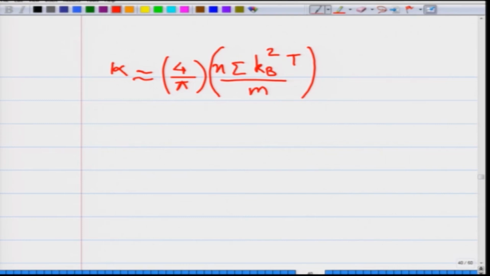So, with that we get our expression for the thermal conductivity of the material, and this thermal conductivity is basically related to the flow of momentum across a given cross sectional area. It measures the transport of momentum across a given cross sectional area.